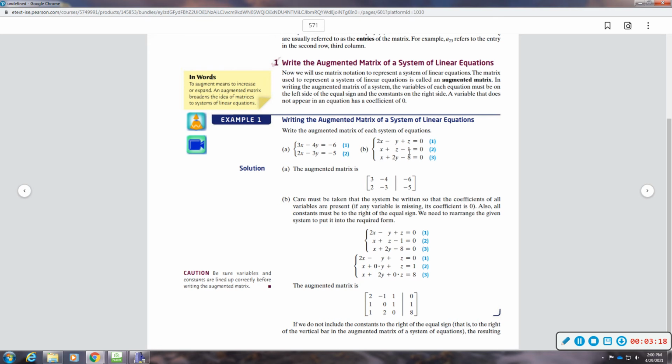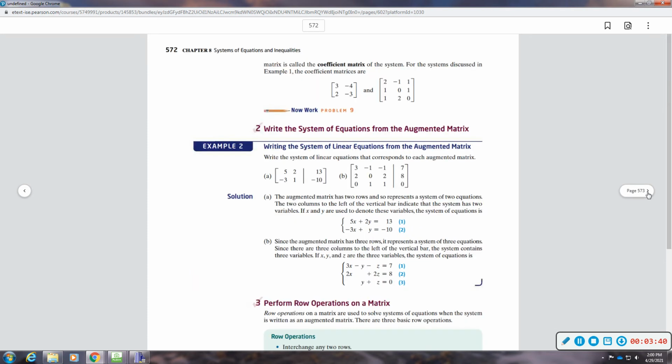They would need to move this 1 over, and they would need to put a 0 as a placeholder in the position of the y. As we look further down the page, we can see that that happens. Here's that 0 as a placeholder for the y. They move the 1 over so that everything is aligned. So you have to make sure everything lines up. And then once you do, you can convert it to a matrix, and then we will begin to solve them.